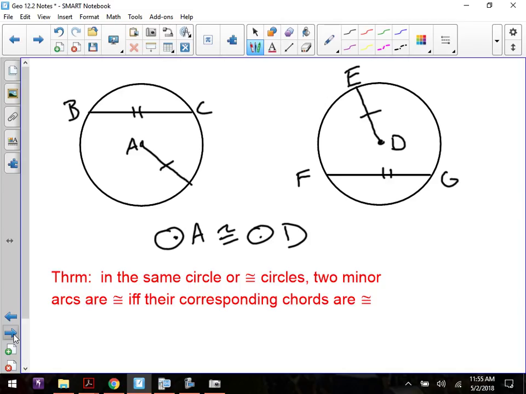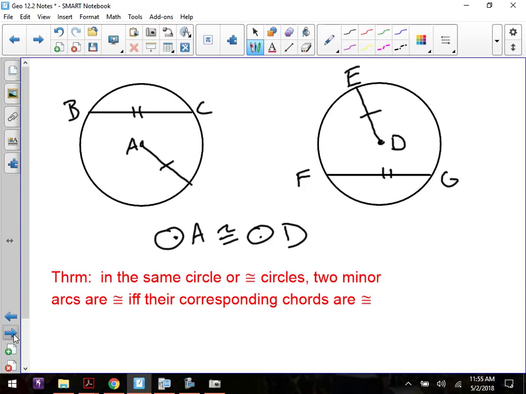This is where it starts getting kind of weird. When you have circles, congruent circles are going to be circles that have the same radius. Okay? If circles have the same radius, they're always congruent, or you're inside the same circle. And when you're in the same circle, you're always congruent to yourself, so that's not a big deal.